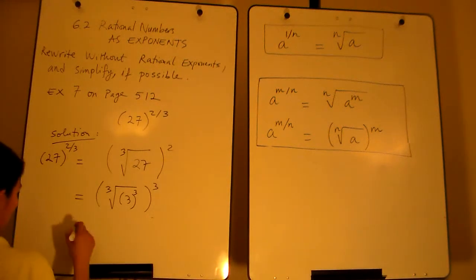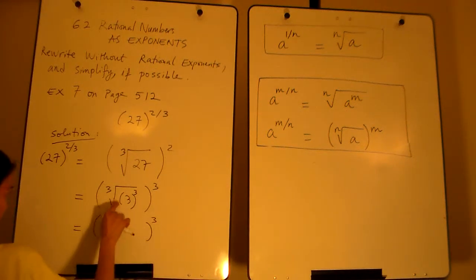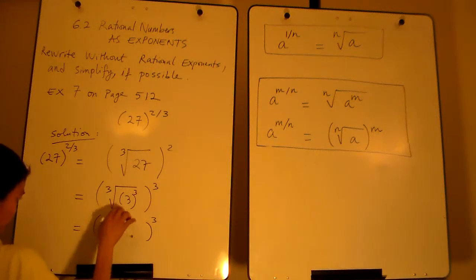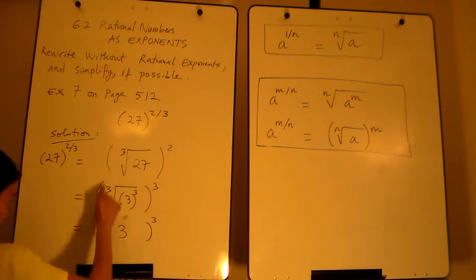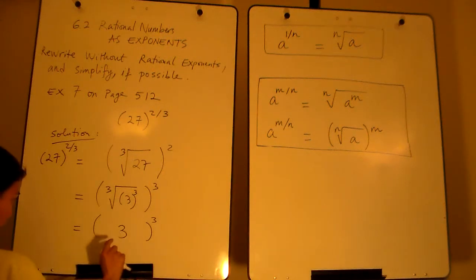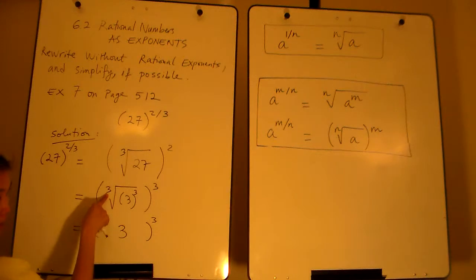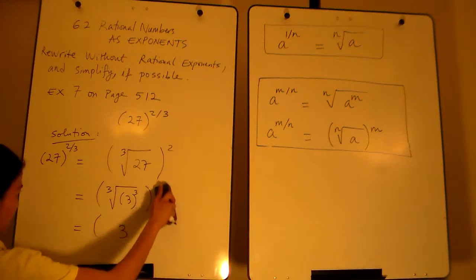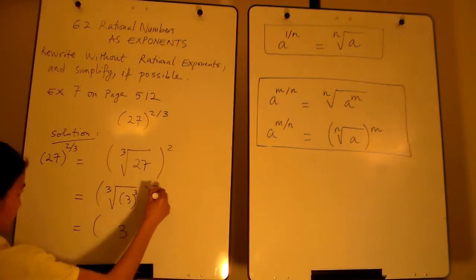Because this is 3 to the third power and we take the cube root, this simplifies to 3. We don't need the absolute value because the index is odd, which is 3 right here. And then simplify. Apologize, the exponent is 2, not 3.